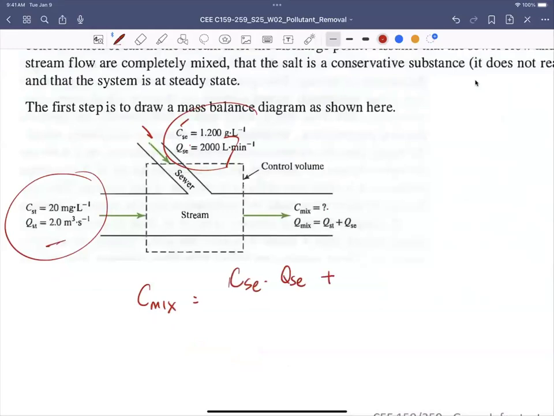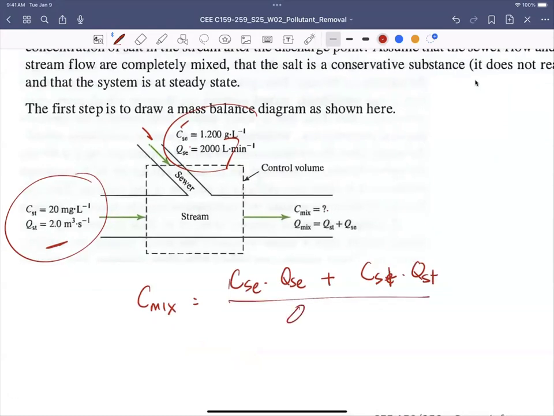The mass of pollutants in the original stream is basically concentration times flow rate of the stream, and then Q mix. Q mix is given. So you can just put in those values, since all the numbers are given, and then you'll get the number.